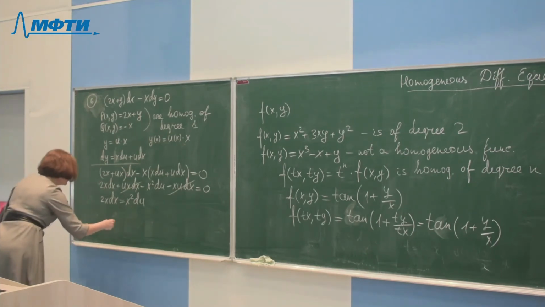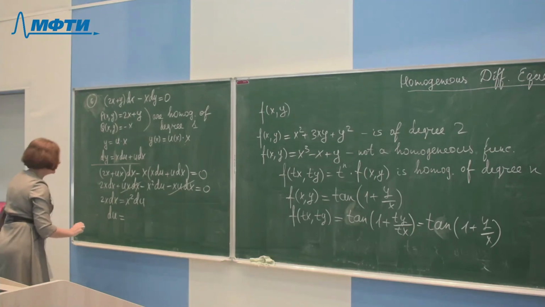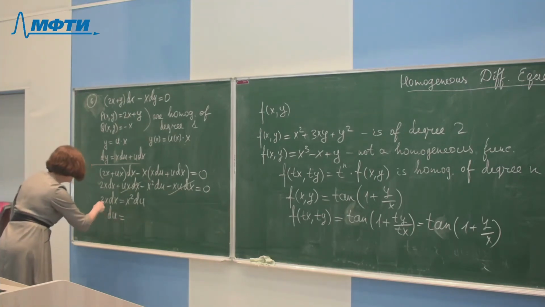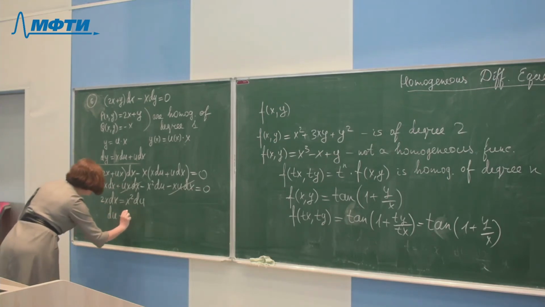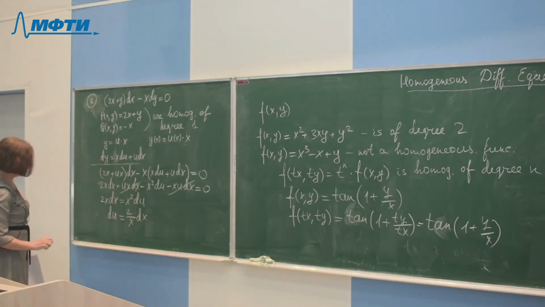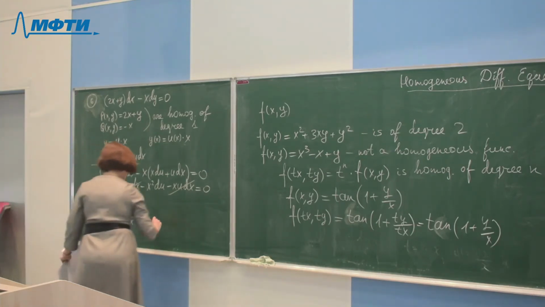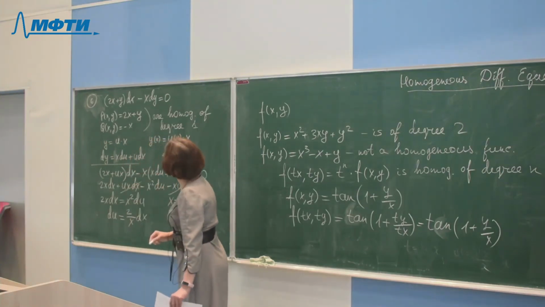So if we divide, we can separate the variables: du is equal to 2 over x dx. And we should consider x equals 0 as a particular solution.